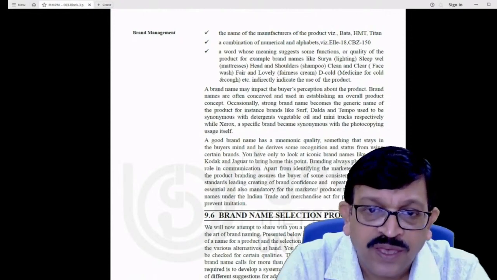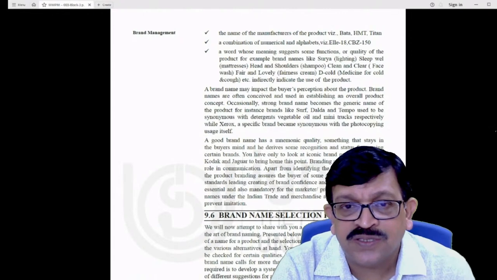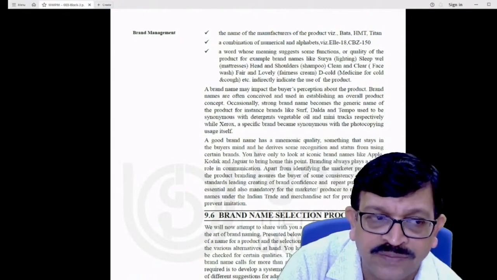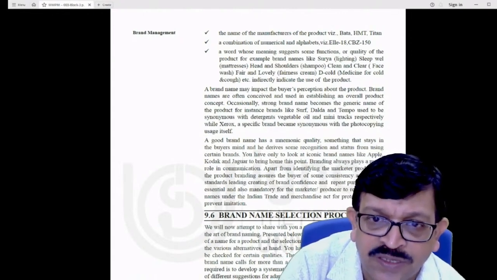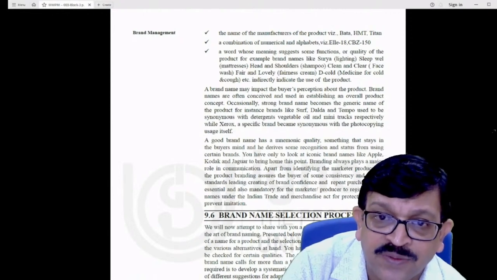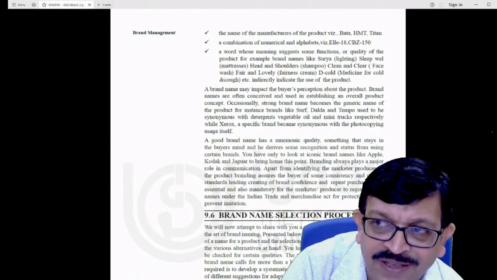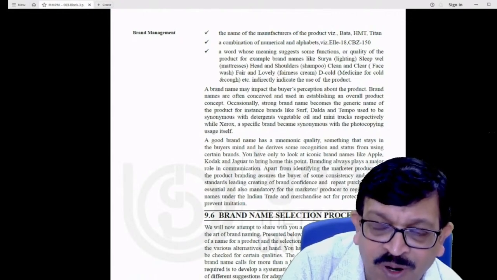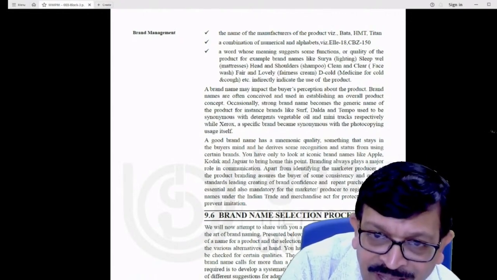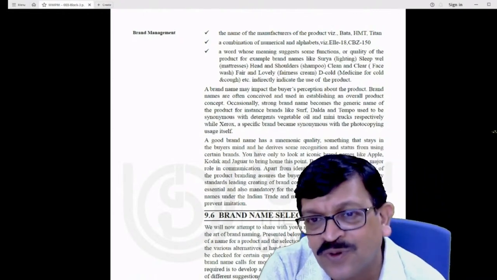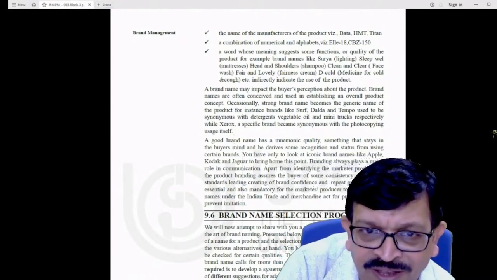In fact, in some B2B negotiations, you must have seen the tender notices, they try to say that we need X amount of Xerox photocopies, Xerox machines. So that by itself speaks volumes about the kind of credibility that the brand has. Though it is a photocopier, we represent it by the generic name.